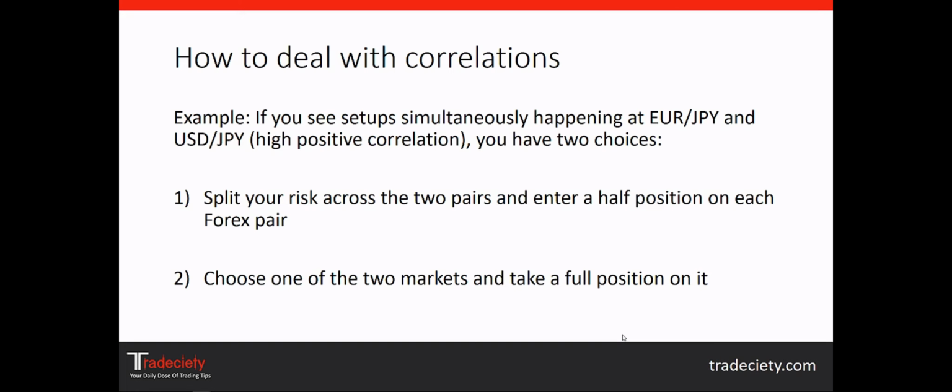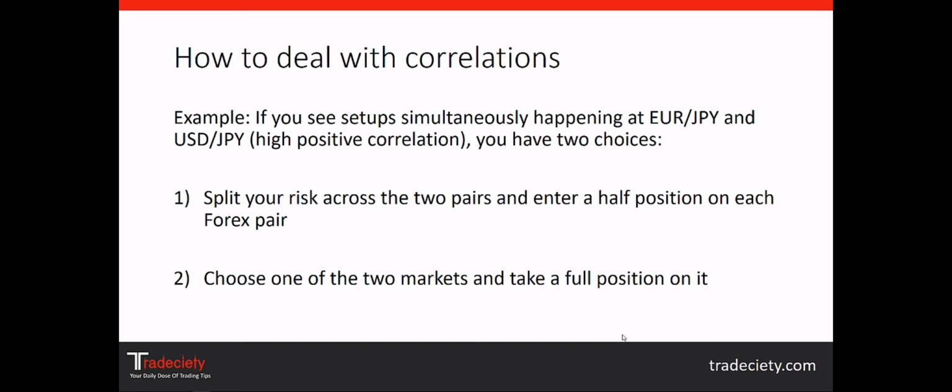There are two ways we can manage them and control the risk when it comes to correlations. So if you want to take two trades on the Euro Japanese yen and the US dollar Japanese yen, both very highly correlated Forex pairs, and you want to enter a long trade on both of them, then you have two choices. First, you can split the risk across the two pairs.